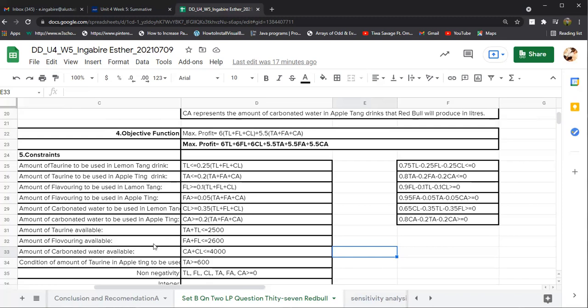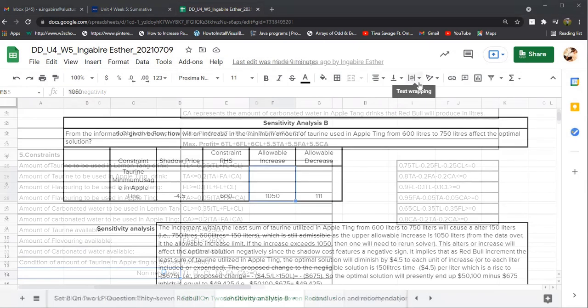And the amount of flavoring is no more than 2,600 liters, and the carbonated water is no more than 4,000 liters. And they say the amount of taurine available for apple is 600 liters, which means taurine is greater than or equal to 600.